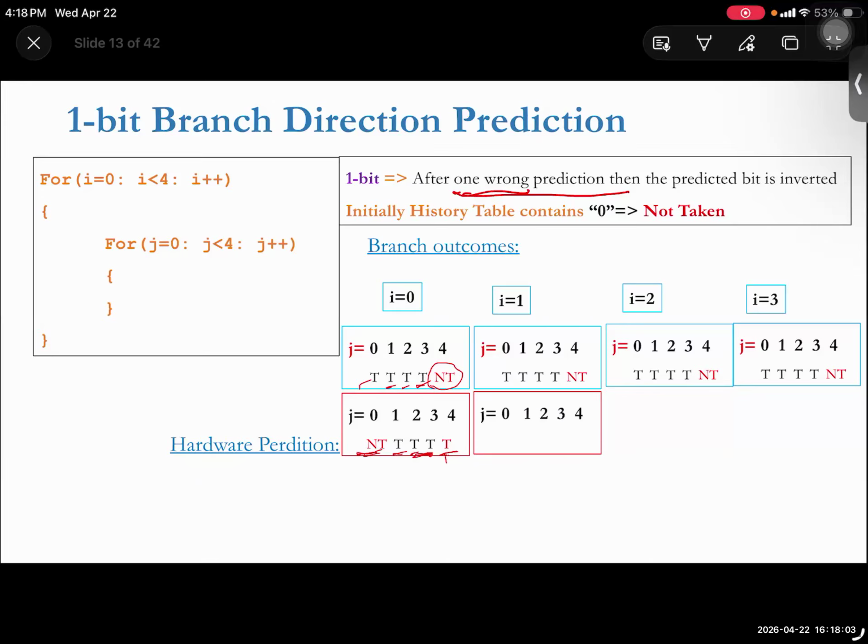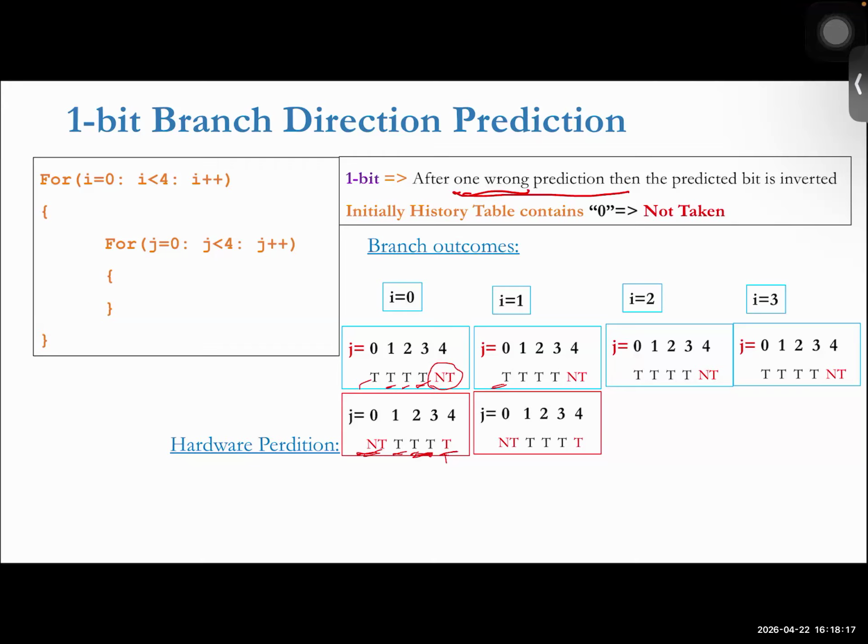For j equal to 0, it assumes it will not be taken, but actually it is taken. The same prediction process continues until these branches are executed for 4 iterations of the global branch.